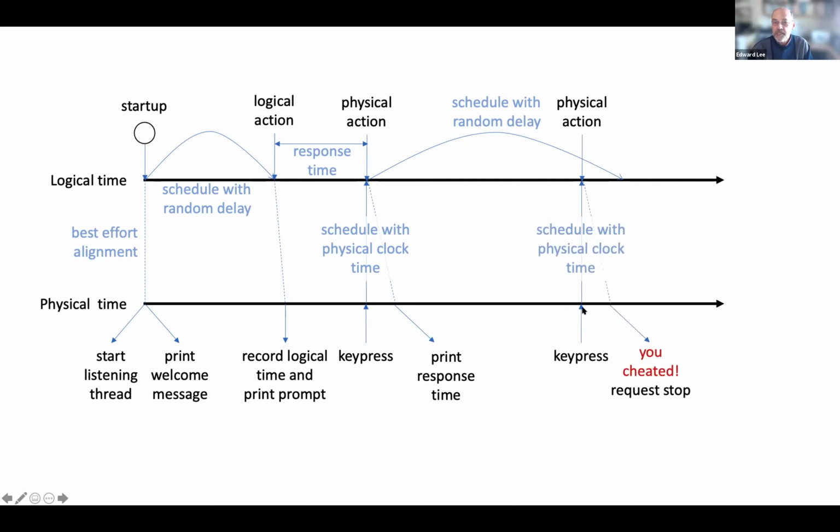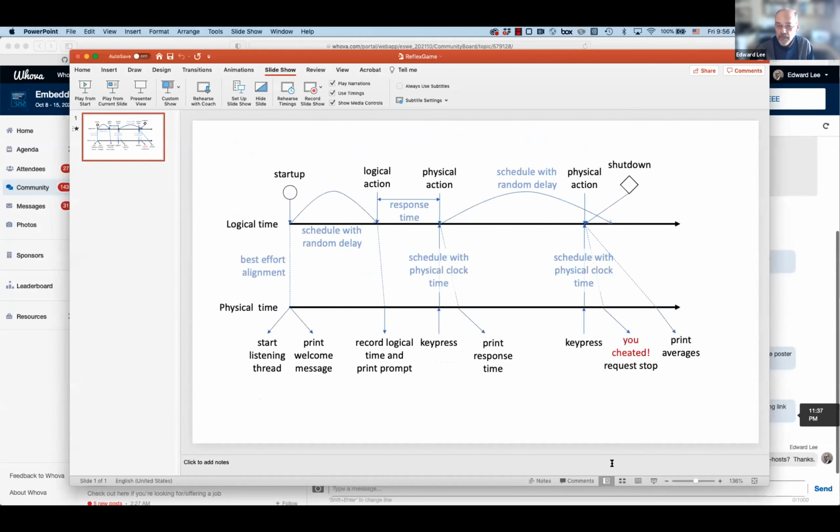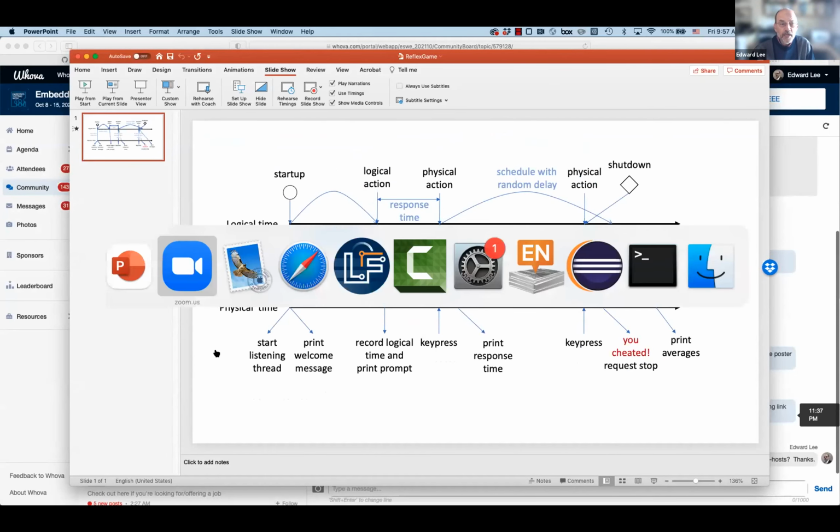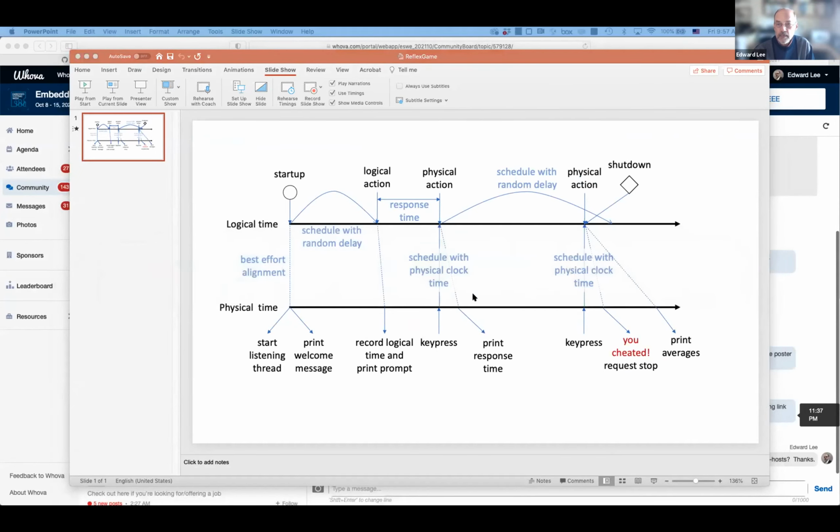If the user hits a key press before the next prompt gets generated, again, a physical action will occur. A logical time will be assigned. That logical time will be detected by the program as being too early. So the program will detect that the user tried to cheat and will request a stop of execution. Okay, so I forgot to show that earlier, and hopefully it is helpful.